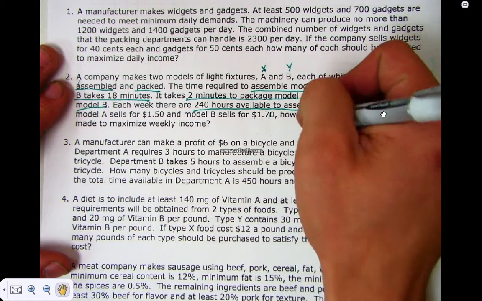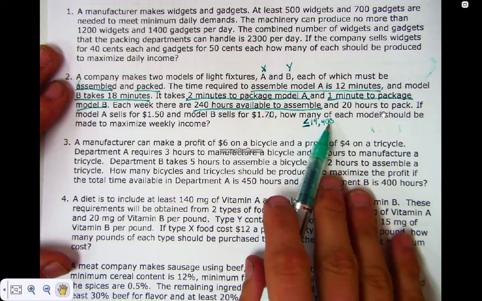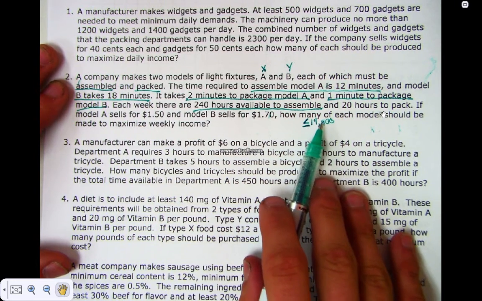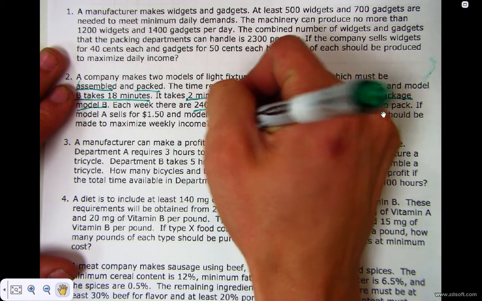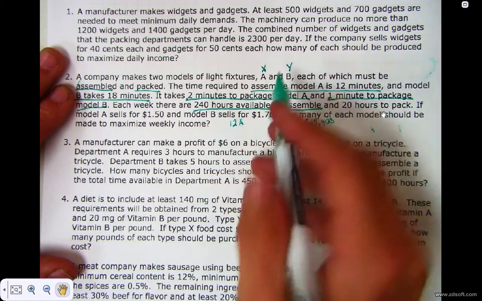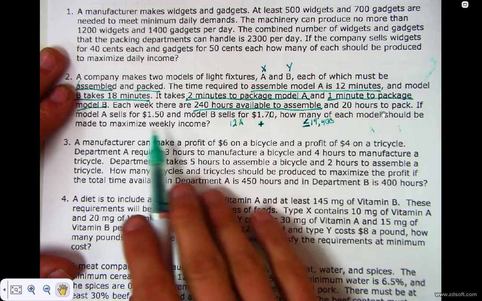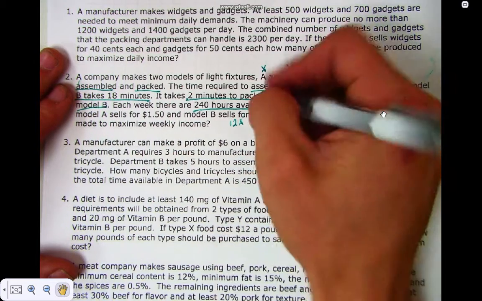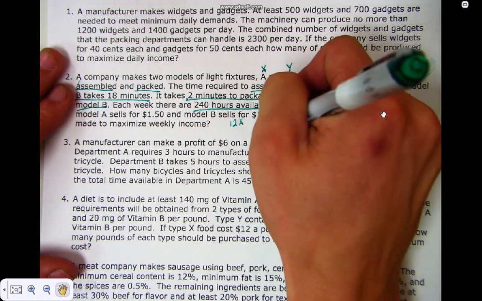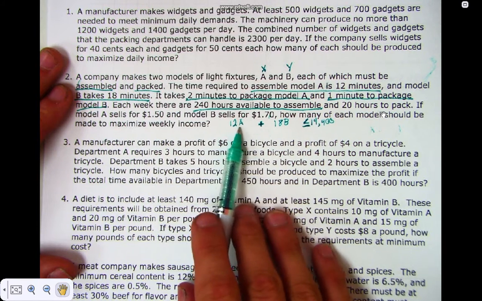So that means at the most, we can use 14,400 minutes to assemble our model A's and our model B's. So it takes 12 minutes for every model A that we assemble, and plus, it takes 18 minutes for every model B we assemble. So there's my first inequality.